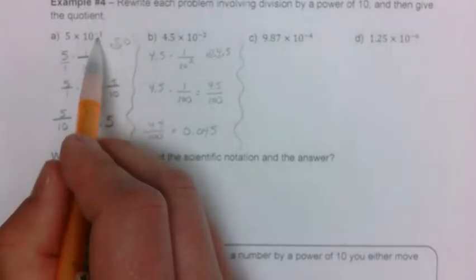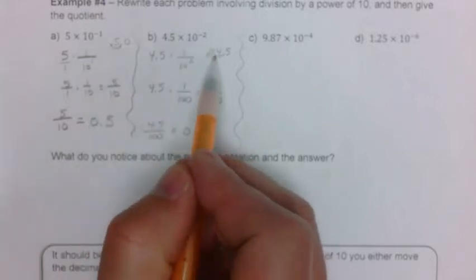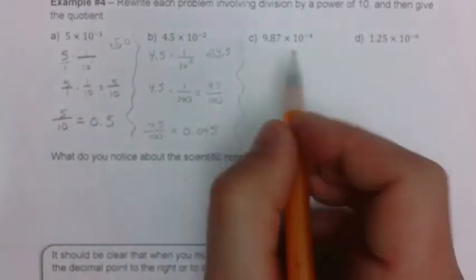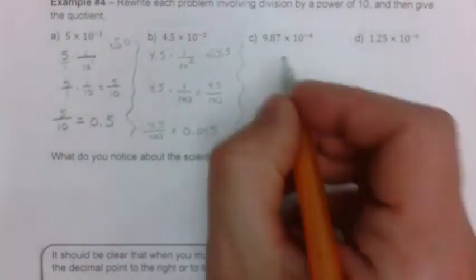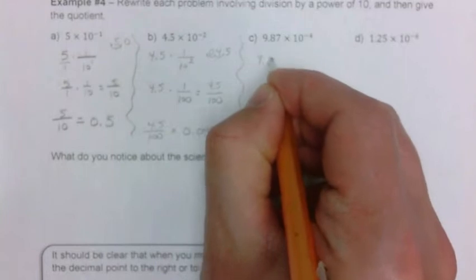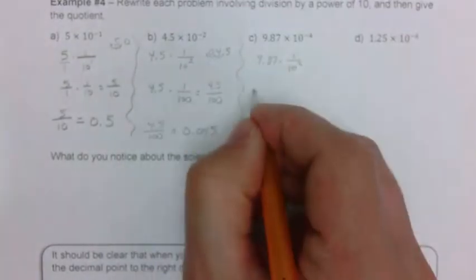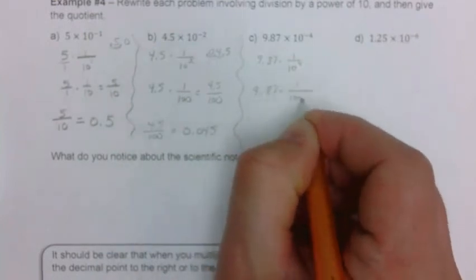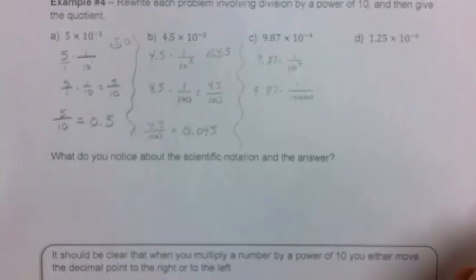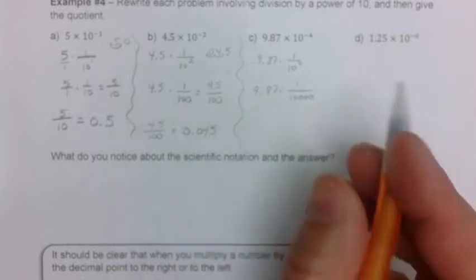So exponent of -1, once to the left. Exponent of -2, twice to the left. 9 and 87 hundredths times 10 to the negative fourth power. That's 9 and 87 hundredths times 1 over 10 to the fourth power, which is 9 and 87 hundredths times 1 over 10,000. So this time we're going to take that decimal point and move it to the left 4 times.